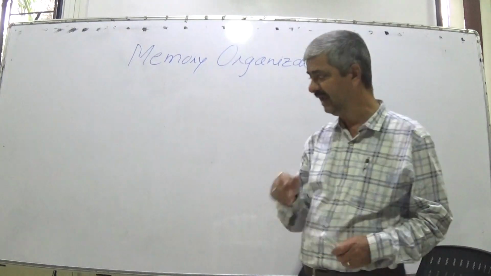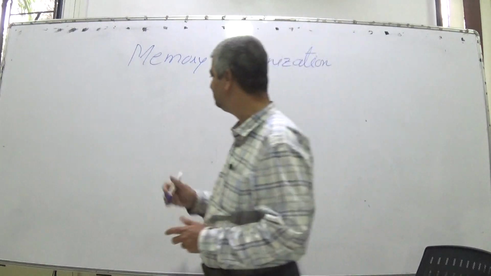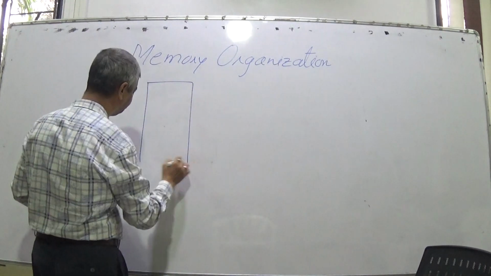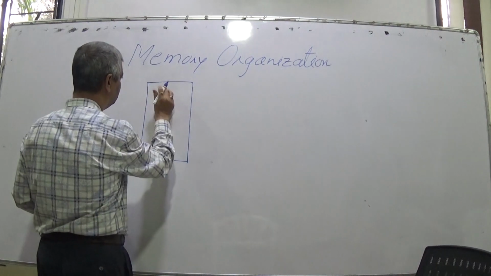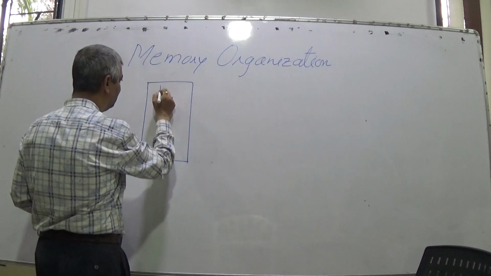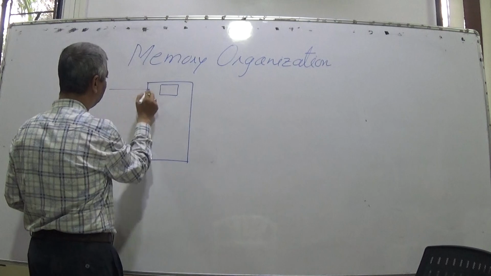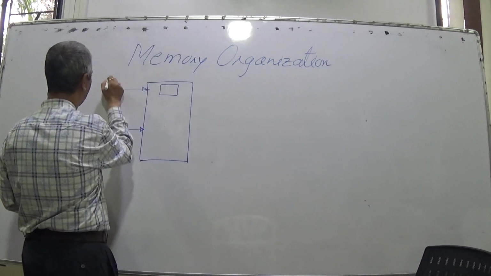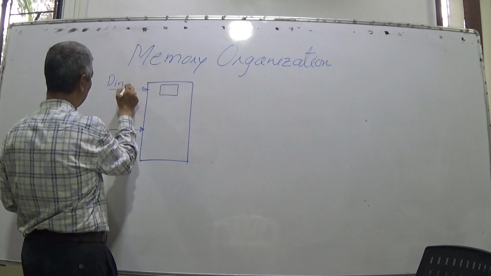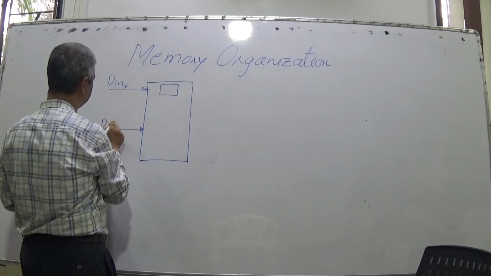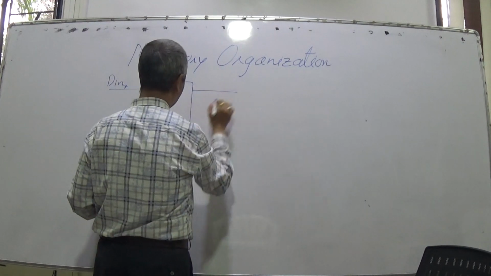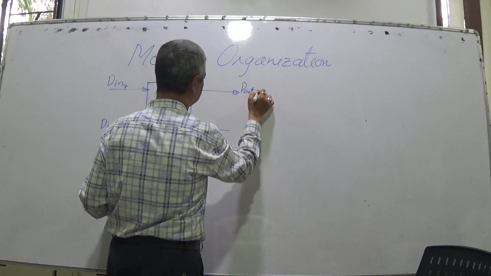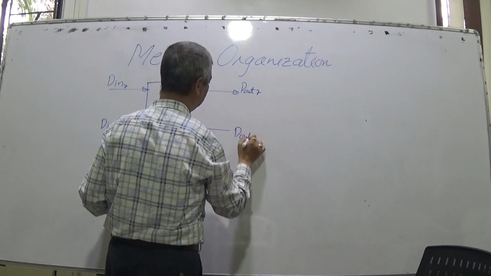Now, once again, last time we have seen a single byte memory cell which consists of 8 single bit memory cells, 8 input data lines, I have named as D in 7 to D in 0, 8 output data lines which we have named as D out 7 to D out 0.